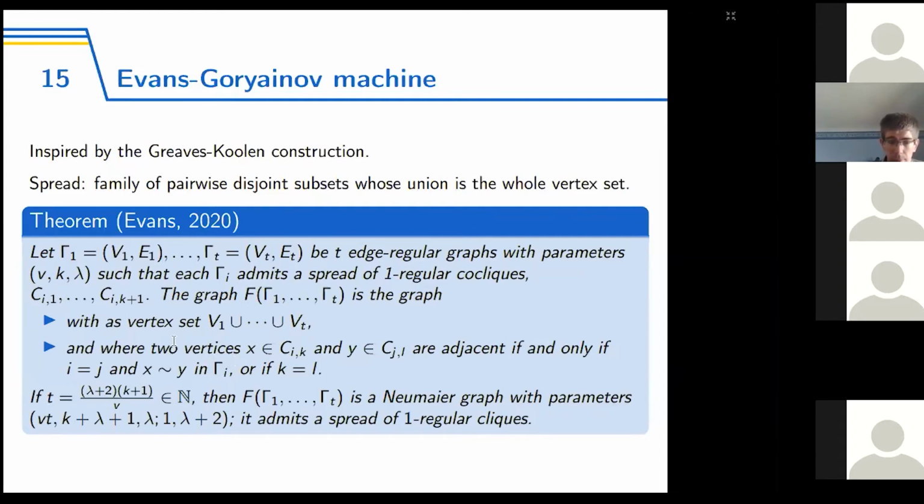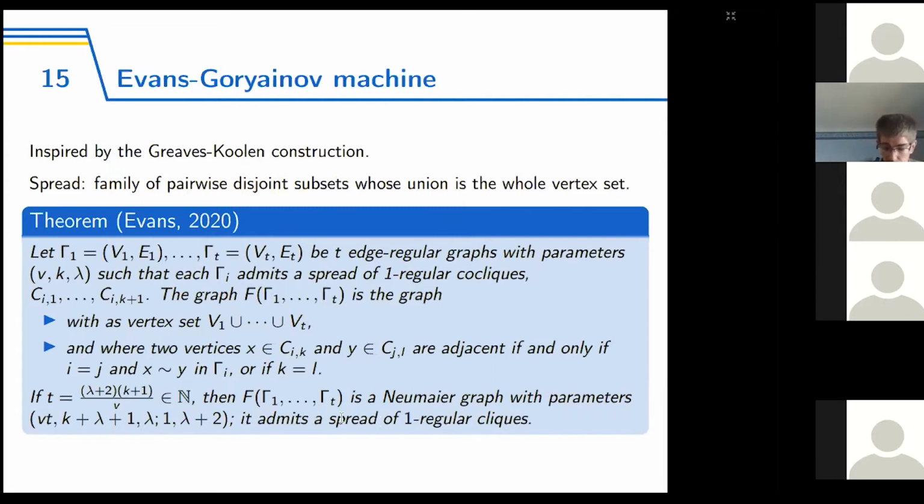And the result will be a Neumaier graph if the number of copies, which was t, or the number of graphs, equals (lambda plus 2)(k plus 1) divided by v. So in particular, this number has to be an integer. So you find that it is a Neumaier graph with these parameters, and the resulting Neumaier graph admits a spread of 1 regular cliques.